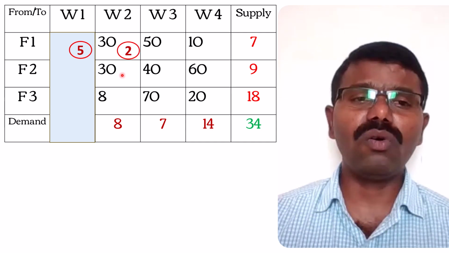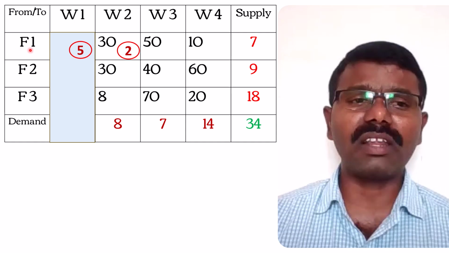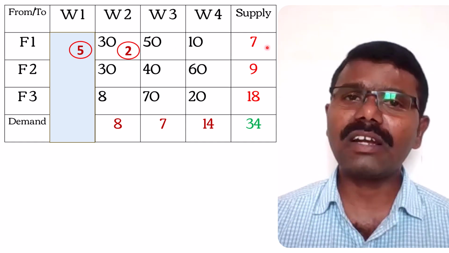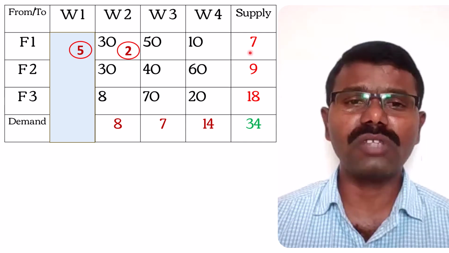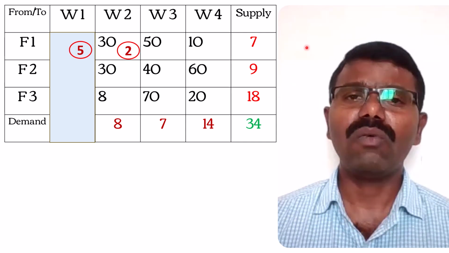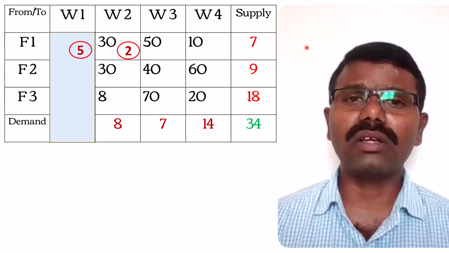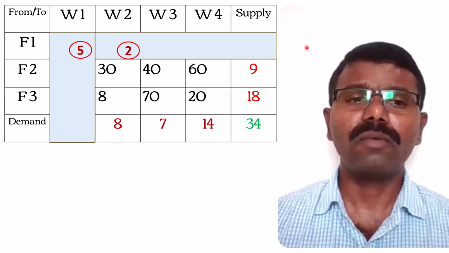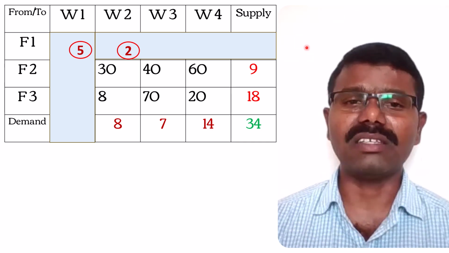Then the supply at factory 1 is already over. The supply at factory 1 is 7, and that 7 we already met, 5 plus 2 is 7. So now this factory 1 is closed. That means whatever goods were available at factory 1 are already over. So then we need to cancel this.